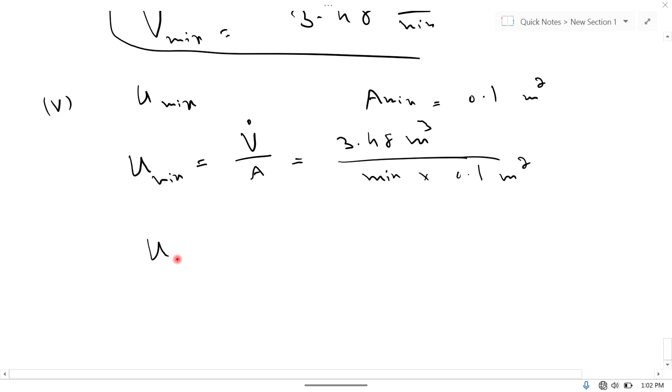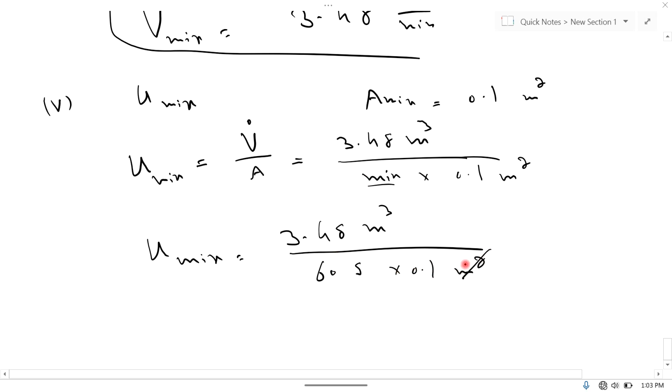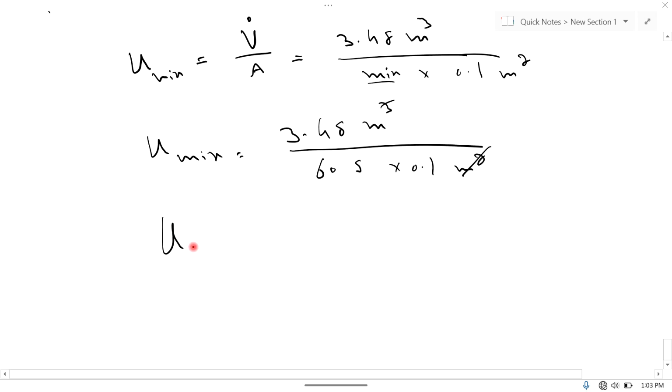So U of mixture is equal to, you have to convert this minute into second. So instead of 1 minute, I can write 60 seconds, over 0.1 square meter. This square meter will be cancelled with square meter, and the final answer will be in meter per second. So U of the mixture is equal to 3.48 divided by 60 and divided by 0.1, which is 0.58 meter per second. And this is the final solution.